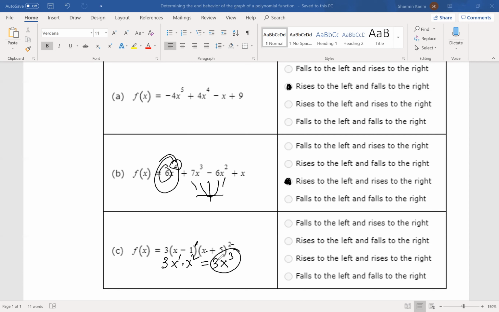This is the leading term. So degree is an odd number, and leading coefficient is positive. So try to remember the x cubed function. It looks like this. So it falls to the left, rises to the right. So this will be falls to the left and rises to the right.